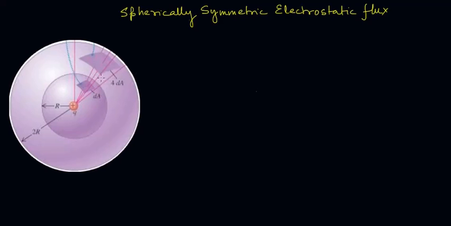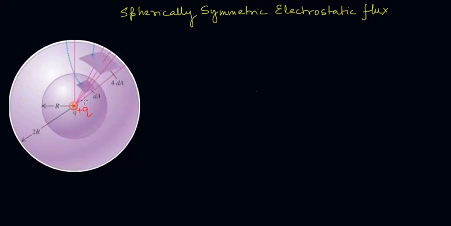Suppose you have a sphere and a charge is located at the center of the sphere. Suppose there is a charge plus q, and if you take a sphere, any sphere, taking this point charge as center, suppose this radius is smaller, you see two spheres, two concentric spheres.